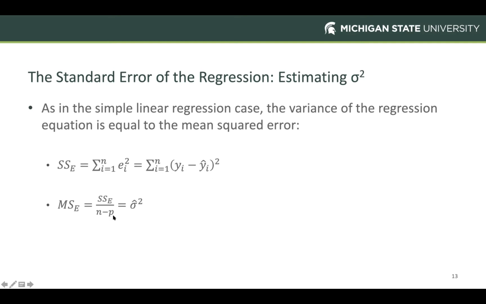And so in this case, we would include our constant term as one of the parameters. So just to refresh everyone's memory, p is equal to k plus 1. So we include the constant term in some of our calculations and not others. And in this case, we would take our sample size minus the number of parameters to give us our estimate of the variance for our regression equation.